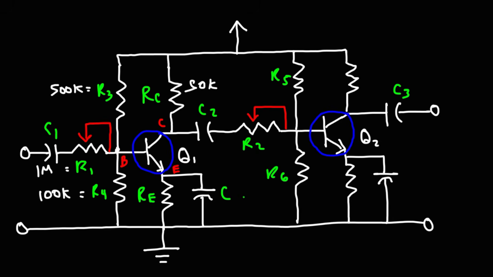Now, the other two capacitors, C4 and C5, are bypass capacitors. What they do is they bypass the emitter resistance. And this has the effect of increasing the voltage gain of the circuit, but it can also potentially increase distortion, because if the voltage gain is too high and you apply a high input voltage to the base of this transistor, it can lead it into cutoff or saturation, thus creating distortion.